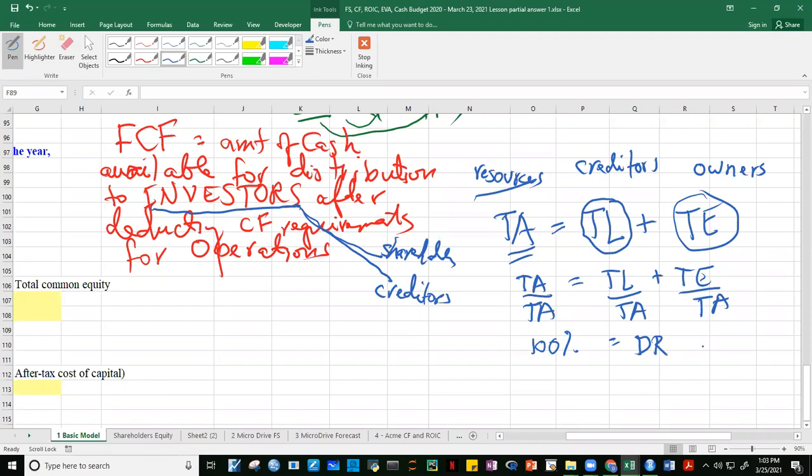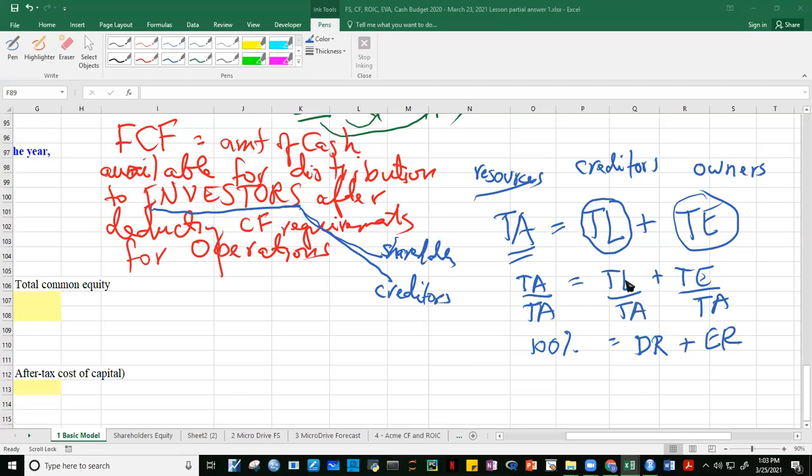Okay? And this is your, no? May answer ba dito? Current ratio, okay. The answer is, you're correct, Christian. It's called your debt ratio, no? Debt ratio ang tawag dyan.